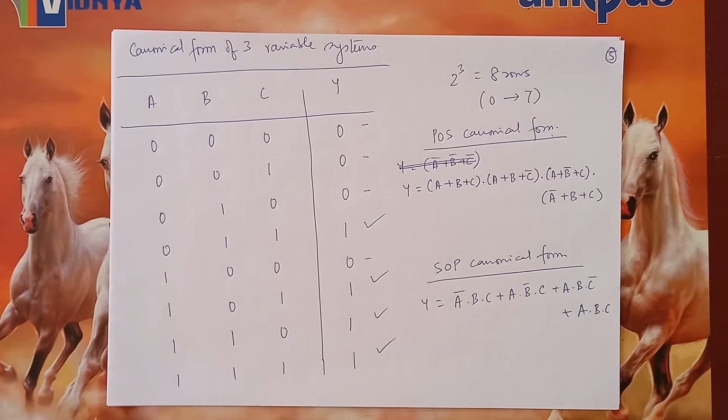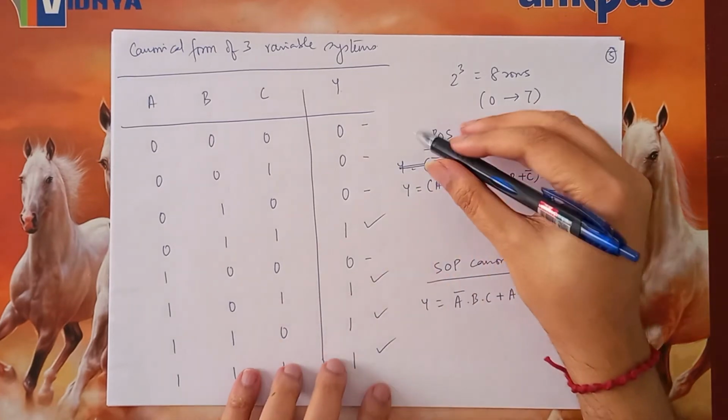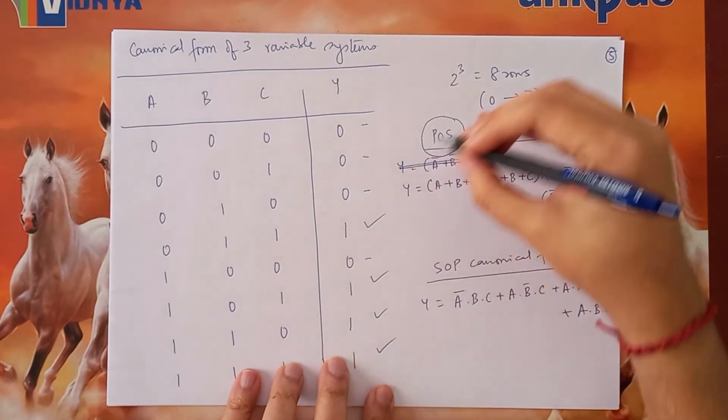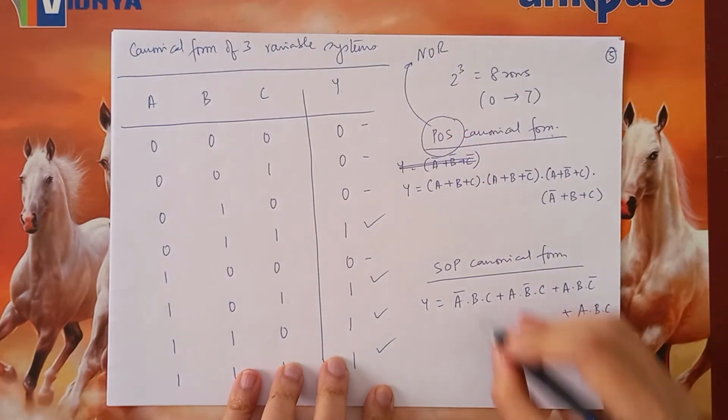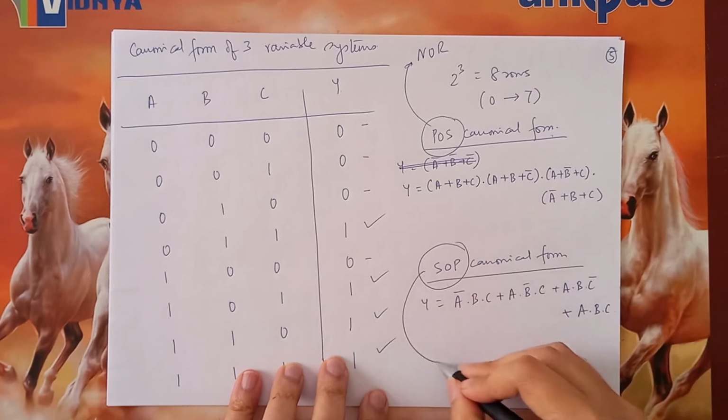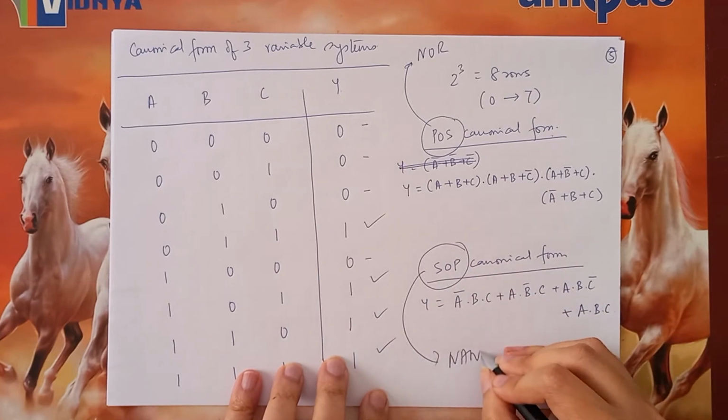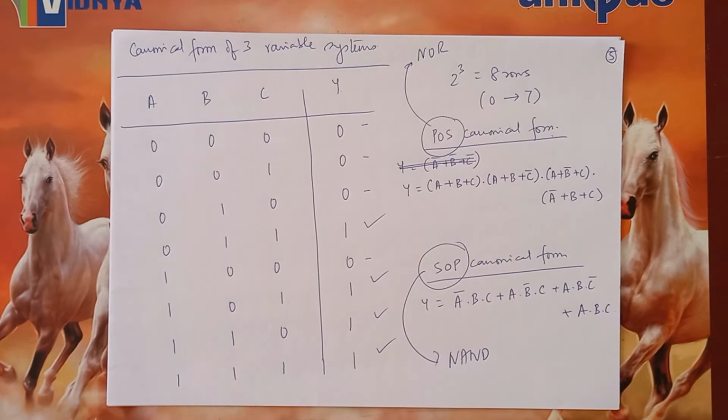Yes, in fact, they do. If you have a function in POS form, you can represent it using NOR gates only. And if you have a function in SOP form, you can represent the function using NAND gates only. Remember that NAND and NOR are universal gates. So if you have it in SOP form or POS form, you can definitely represent that function using only those universal gates, nothing more.